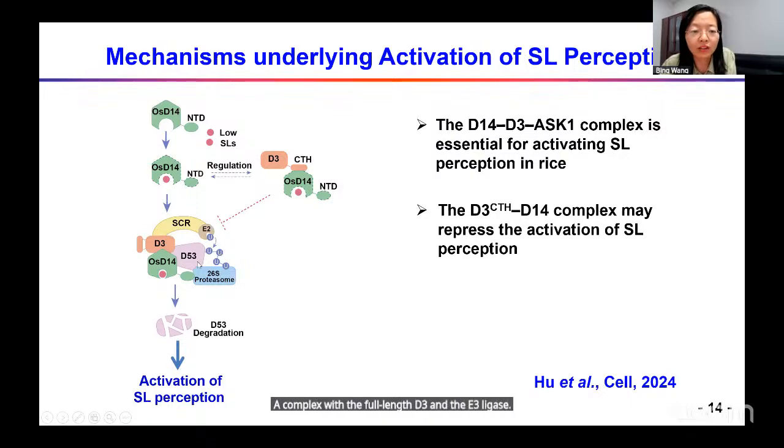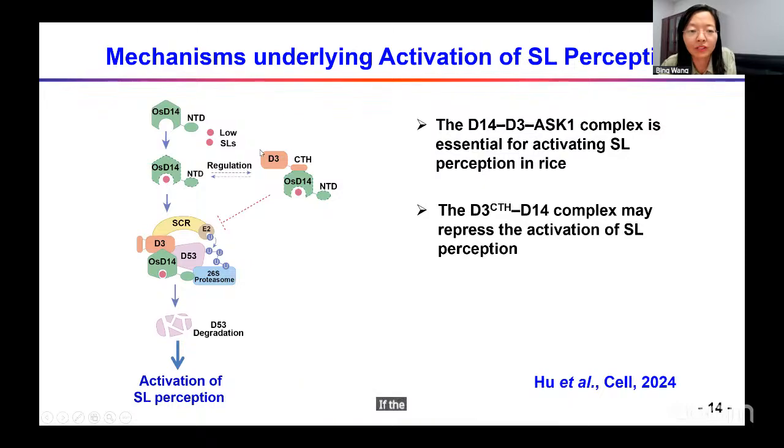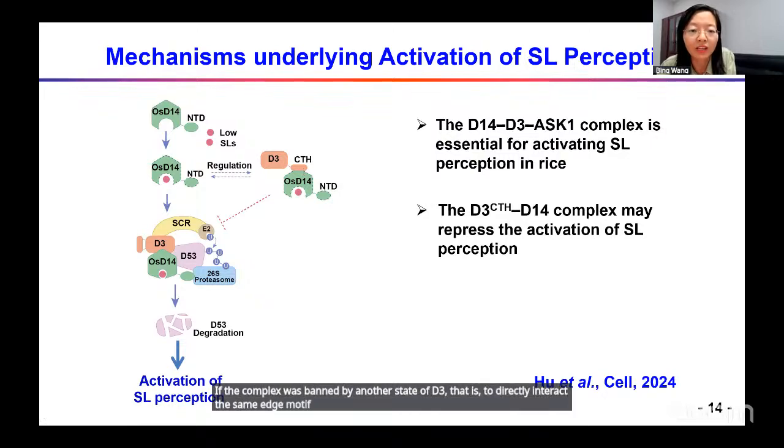Then it can trigger the degradation of D53 to activate the signal perception. If the complex is bound by another state of D3, that is, directly interacting with the CTH motif of D3, in this state, the receptor cannot function to activate the signal transduction.